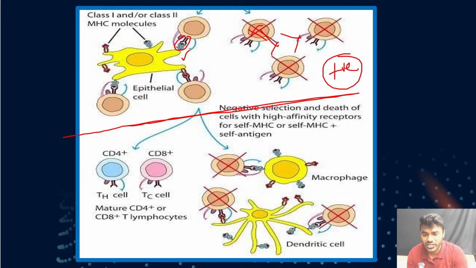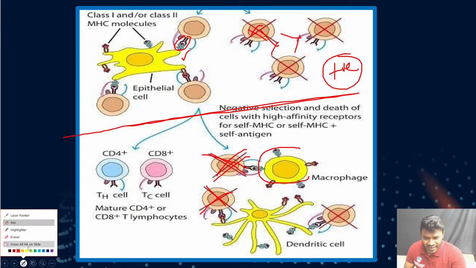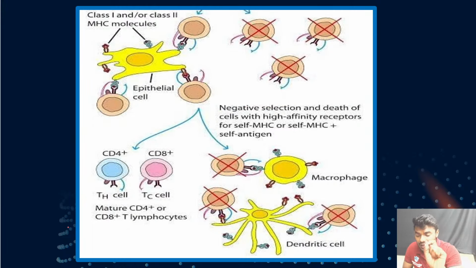In the negative selection, we will check whether it has minimal affinity or higher affinity. If it shows higher affinity, friends, we are going to destroy that particular T cell compulsorily, whichever shows higher affinity towards the MHC molecule present on the macrophage and dendritic cells. If it is showing a minimal affinity, what will happen?